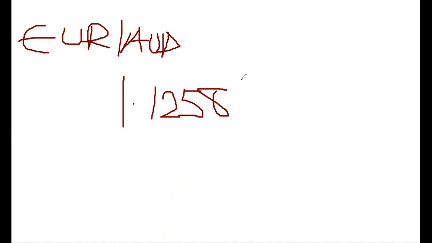Now, if I have an exchange rate, let's say an exchange rate like Euro AUD, and I have 1.12586. So now, if I tell Mr. Emmanuel to add 4 pips to this exchange rate, I expect Mr. Emmanuel to count from the fourth value. 1, 2, 3, 4.